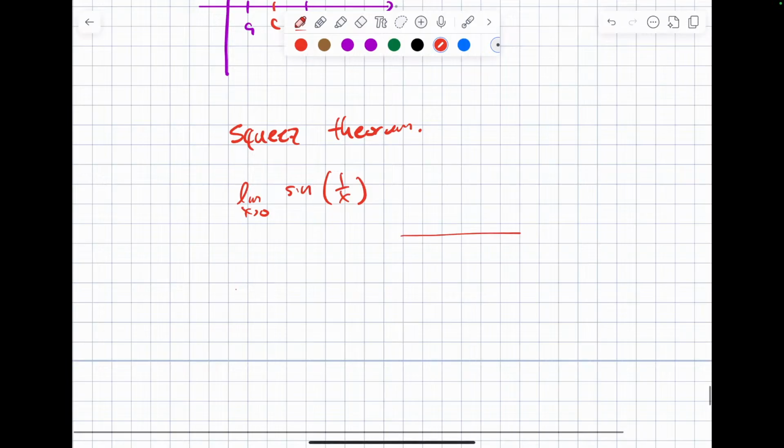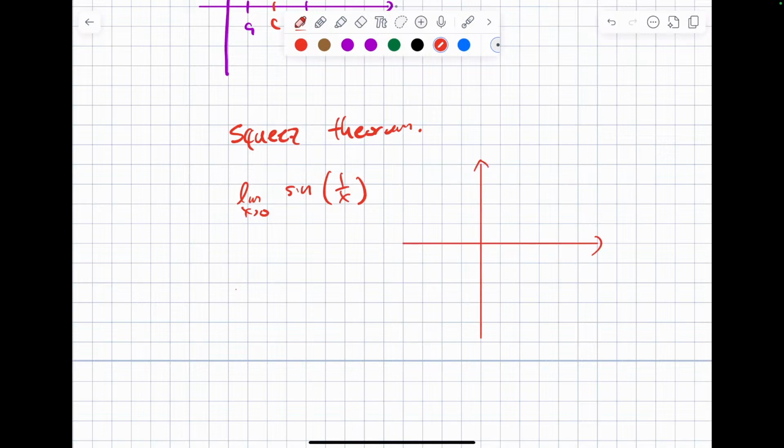We know this is going to end up being something like this, oscillating really fast. We're going to come back to talk about this one. We don't have enough covered to get a test.